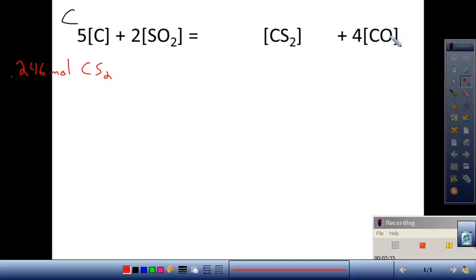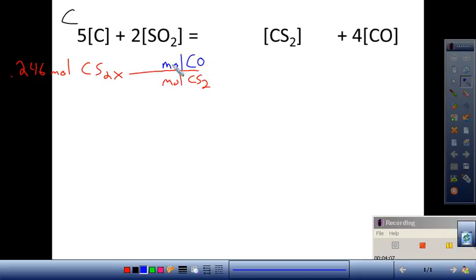This is carbon monoxide because there's no number here, so that's mono, carbon monoxide. So I want to convert this. I want to get out of this CS2. So I'm going to take the units I start with, put them down there so they'll cancel. On the top, I'm going to put what I'm changing it to. And in this case, I'm looking for carbon monoxide.